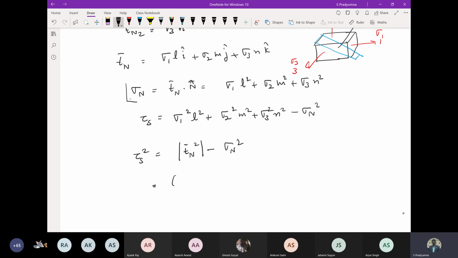That is equal to, I can say, sigma 1 minus sigma 2 square L square M square plus sigma 2 minus sigma 3 square M square N square plus sigma 1 minus sigma 3 square L square N square.